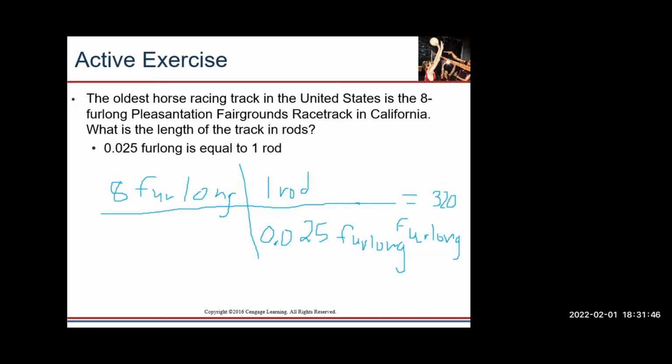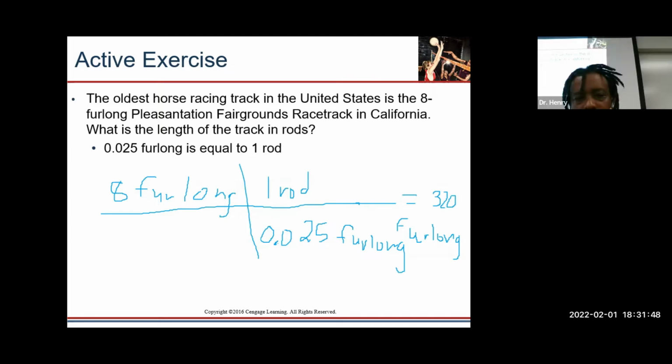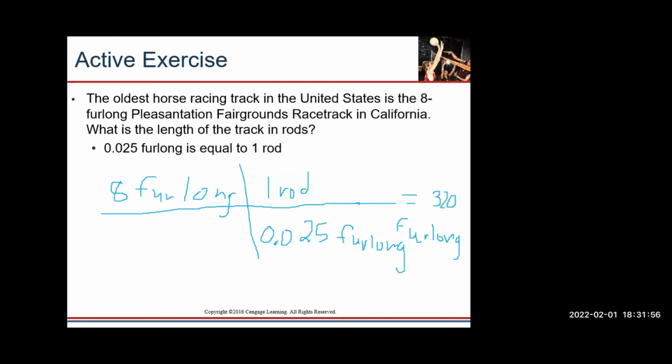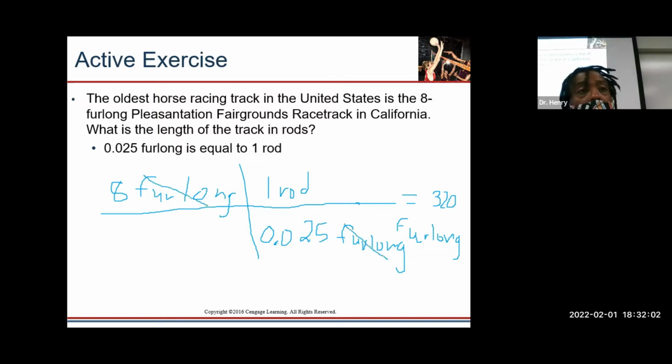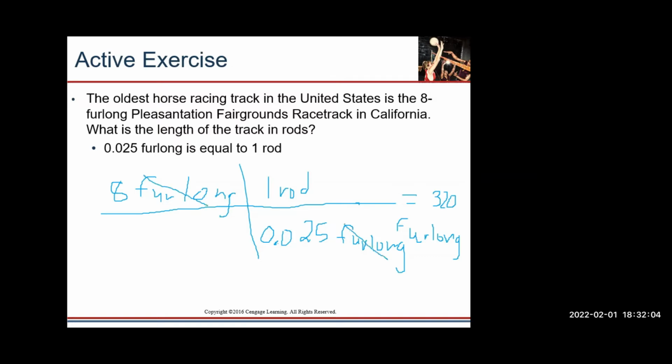The numbers on top, we multiply across. So that's 8 times 1 rod across, and then the numbers on the bottom, dividing by 0.025. You just pretty much multiplied across and then divided.